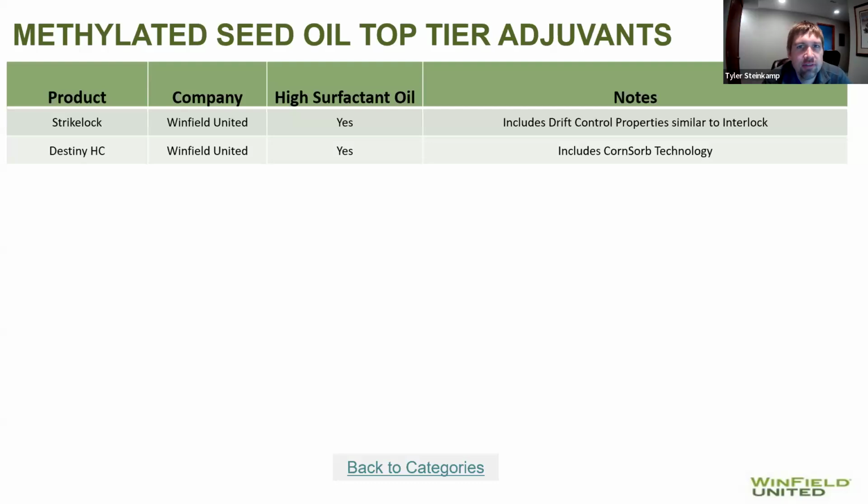Strike Lock is just a very specific methylated seed oil that has the same drift and deposition aid properties as what Interlock does. So this is the latest addition to the Lock family, and it is a really, really cool product here. The next one is of course Destiny. Still a great product, but you need to have Interlock in the tank with it.